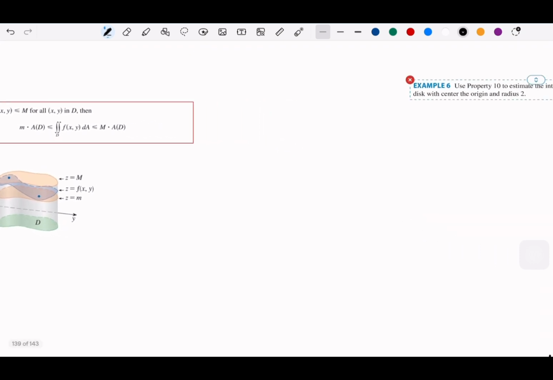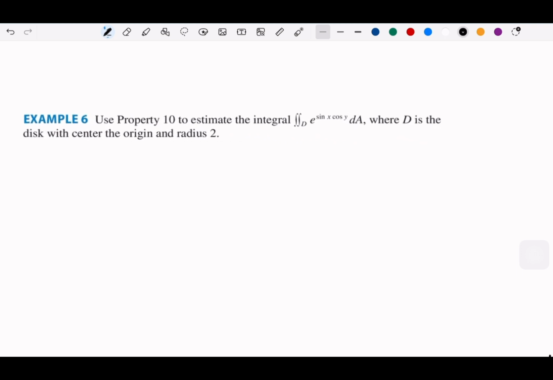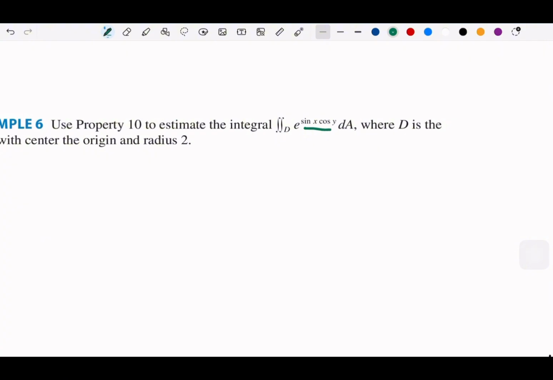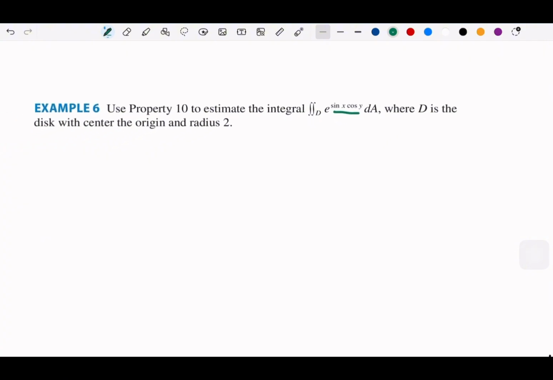So if we want to, for example, estimate this double integral of e to the power sine x cosine y, this is something that is not easy to evaluate. Sometimes we need to take some approximation, so basically we need to make some assumptions. Based on trigonometry, we have a basic idea that sine and cosine each have their own minimum and maximum value, right?